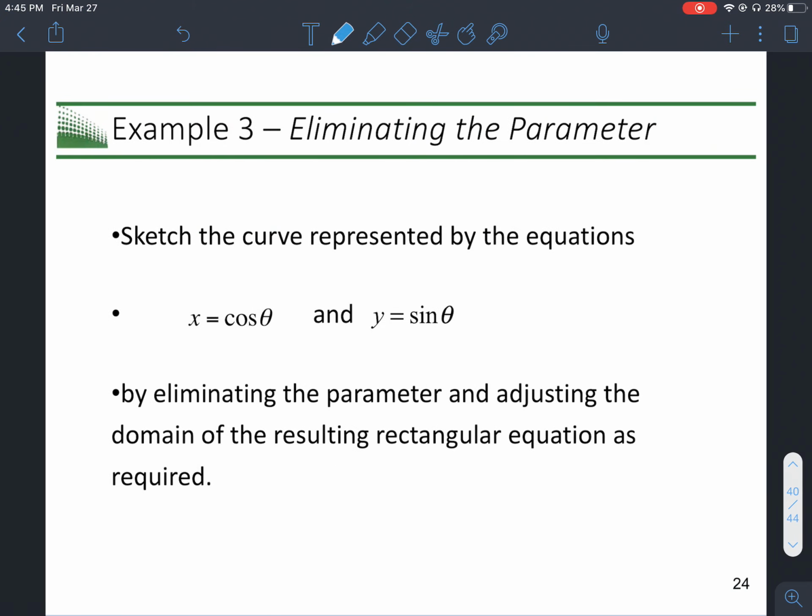All right, what we're going to do is look at some parametric equations that don't involve t, but rather have some trig equations. When you have parametric equations with trig functions, sine, cosine, tangent, eliminating the parameter isn't always so straightforward. You don't necessarily want to solve for your parameter anymore.